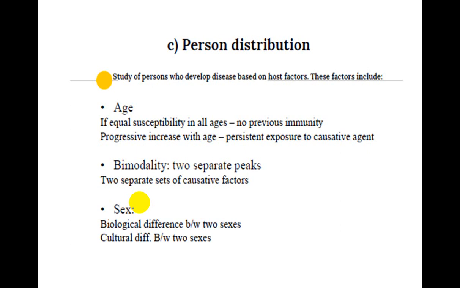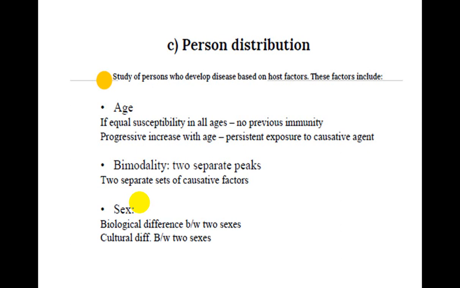In descriptive studies, the disease is further characterized by defining the person who developed the disease by age, sex, occupation, marital status, habits, social class, and other host factors. These factors do not necessarily represent etiological factors, but they contribute a good deal to our understanding of the natural history of disease.